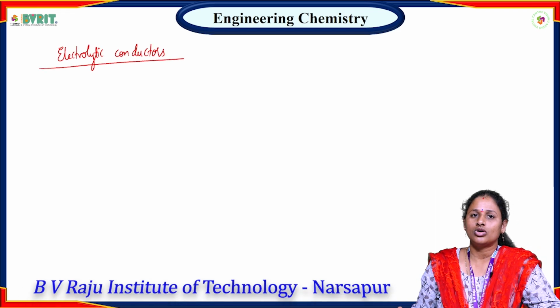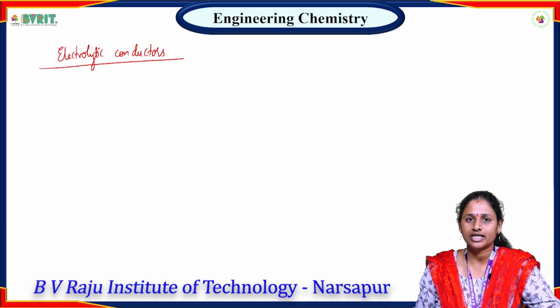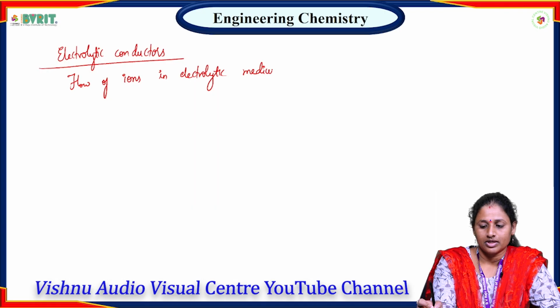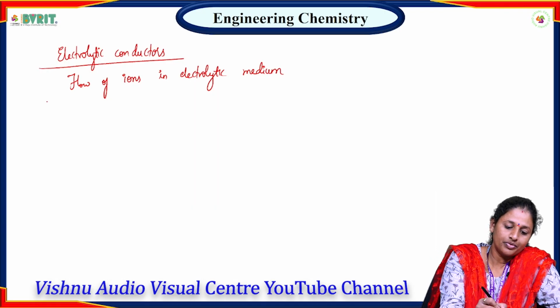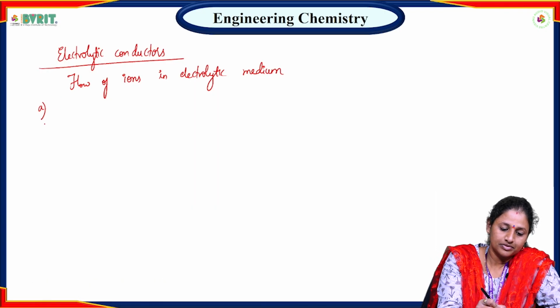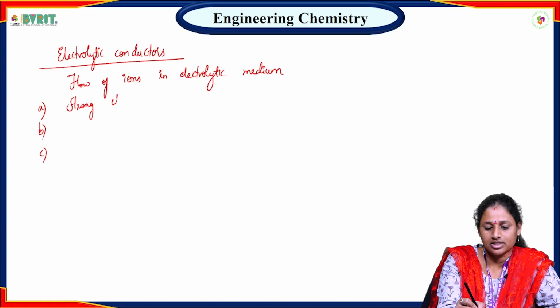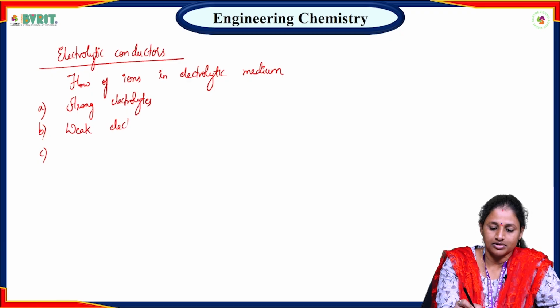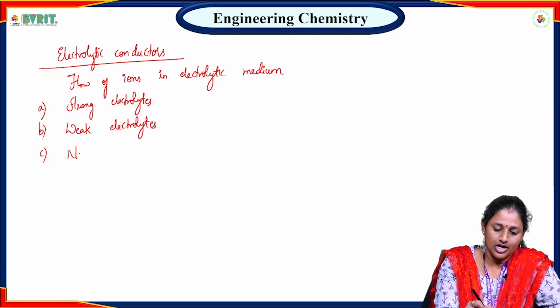Now, electrolytic conductors. The conductors or the substances which can conduct electric current with the flow of ions present in an electrolytic medium. These are again divided into three types: strong electrolytes, weak electrolytes, and non-electrolytes.